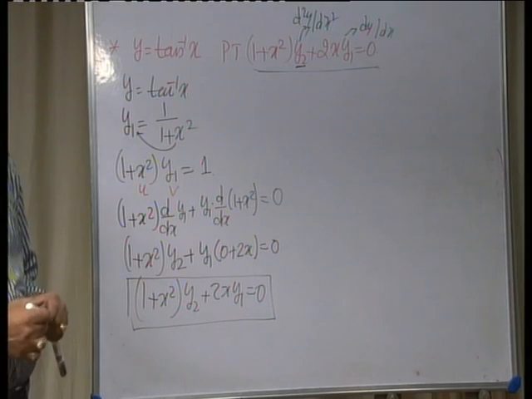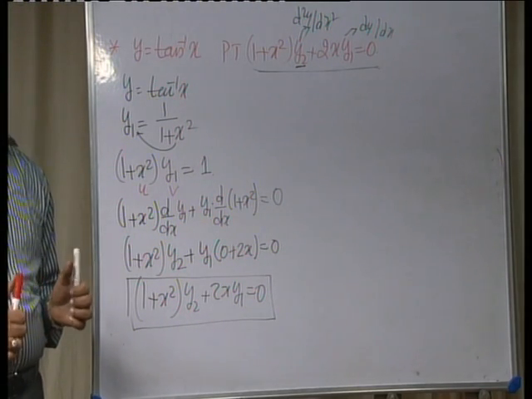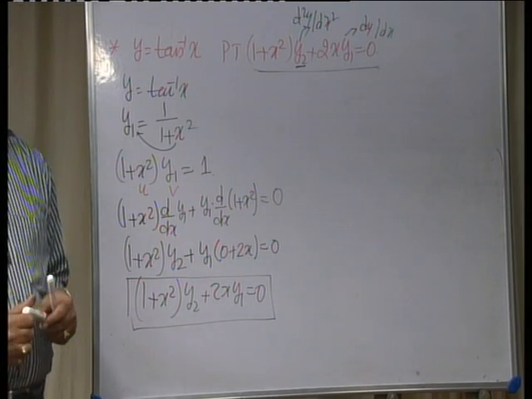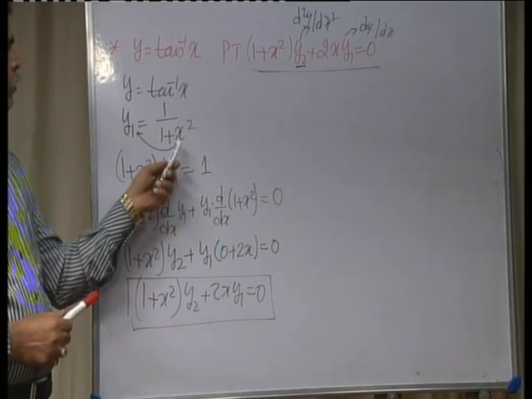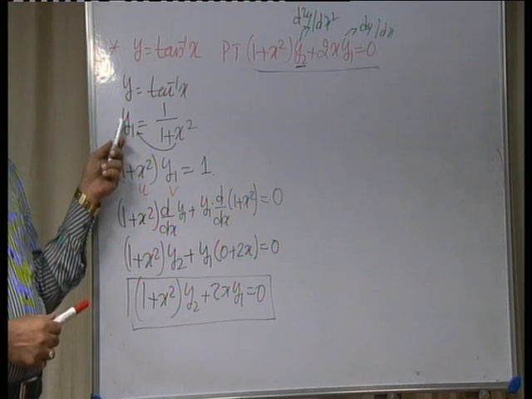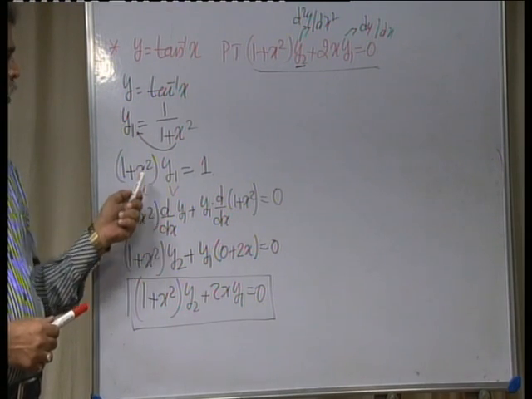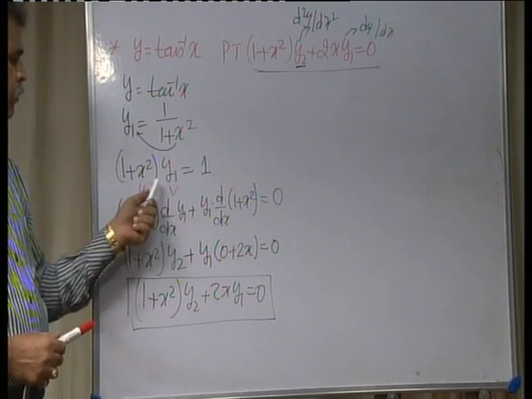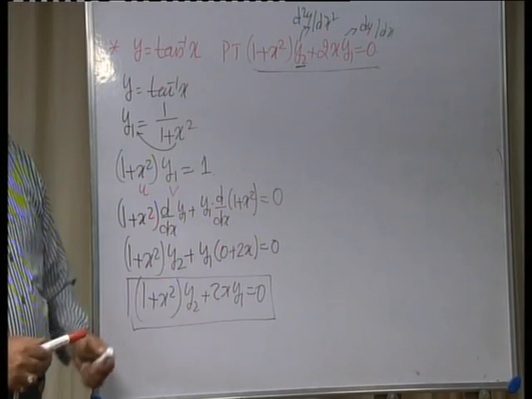Clear? You take y is equal to tan inverse x. The differentiation of tan inverse x is 1 by 1 plus x square. You cross multiply it, you will get 1 plus x square into y1 is equal to 1. Hence, it is a product of two functions, it is to be differentiated again.